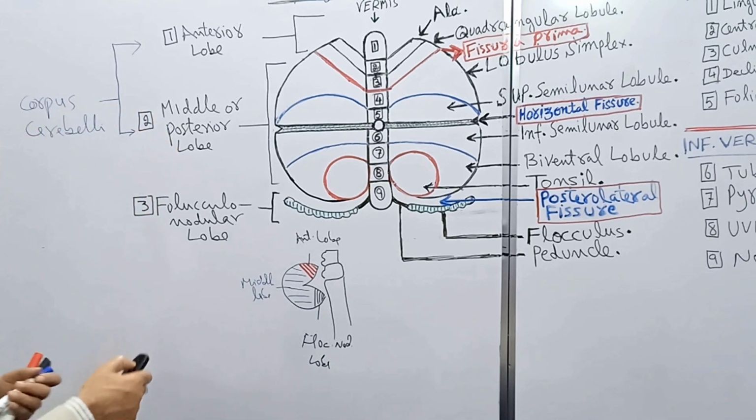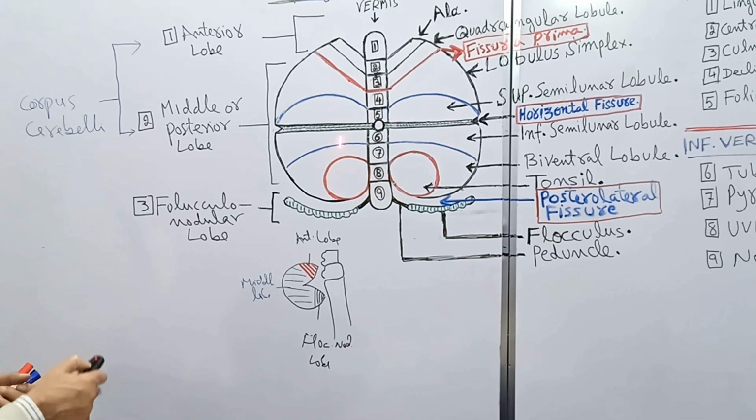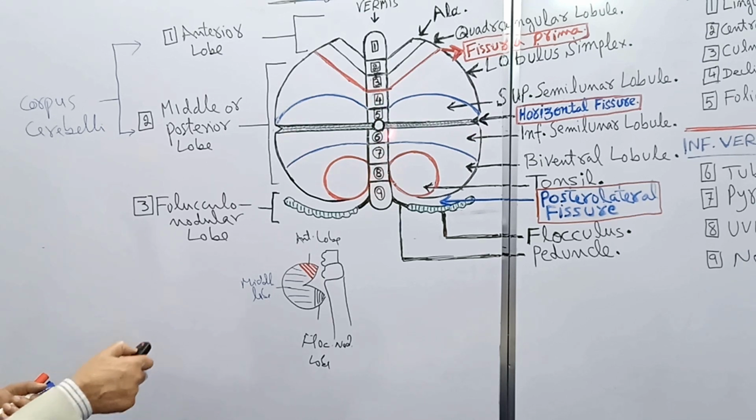Now, why is it known as the middle lobe? Because in front is the anterior lobe, behind is the flocculonodular lobe, and in the middle is this part, therefore it is known as the middle lobe. Now, this middle lobe is also known as the posterior lobe. How? If you look at this diagram, anteriorly is the anterior lobe, posterior to it is the posterior or middle lobe, and below is the flocculonodular lobe.